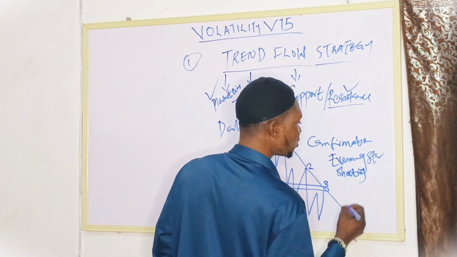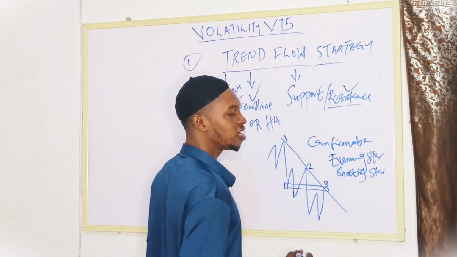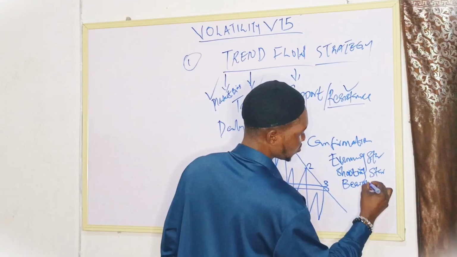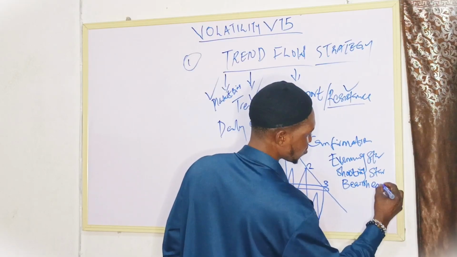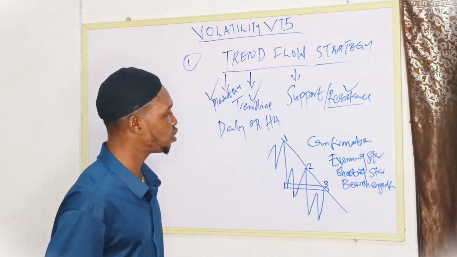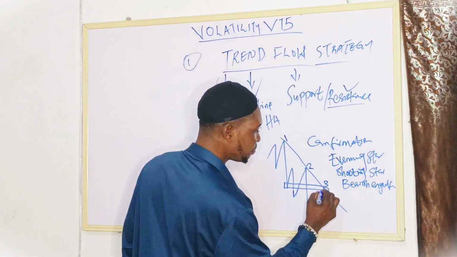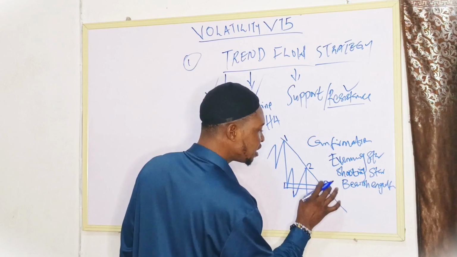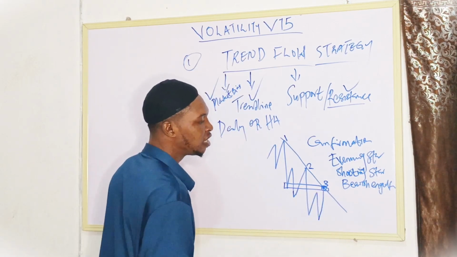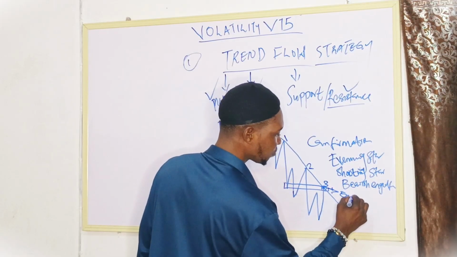Shooting star is the opposite of the hammer candle, or some persons may call it inverted hammer, or bearish engulfing candle. So these are the 3 major candlesticks that I want to see inside this box. The market must react. Either it is rejecting from touching this trend line and this zone together, and once you have that, you can make your entry.